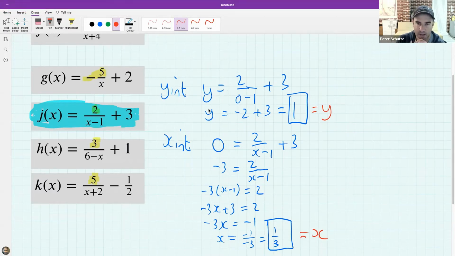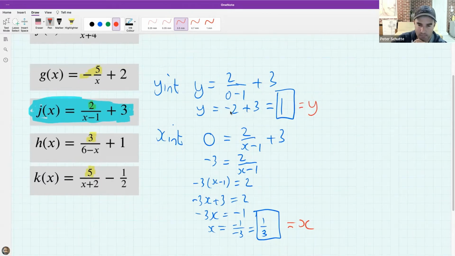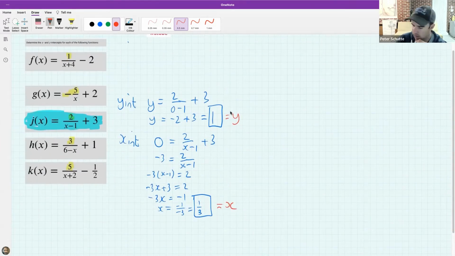I'm getting a y-intercept of 1, and I'm getting an x-intercept of 1/3. And that is all related to question J. So I'm wondering, are there any questions from students?